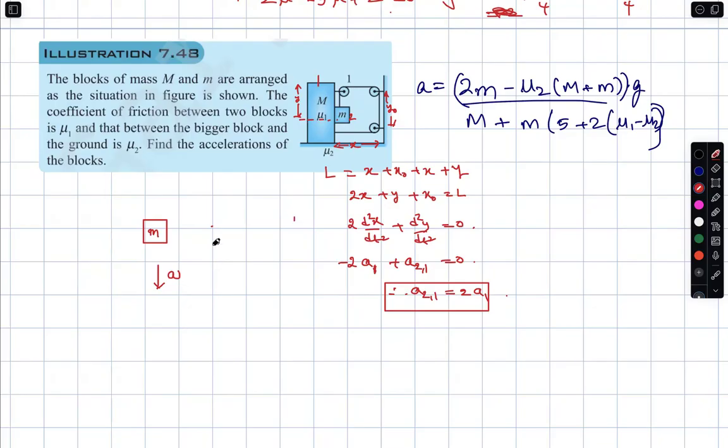Now, you start this as A2 is 2A1. And this is mg. This will experience a pseudo force ma1. And this will experience a normal force N1.